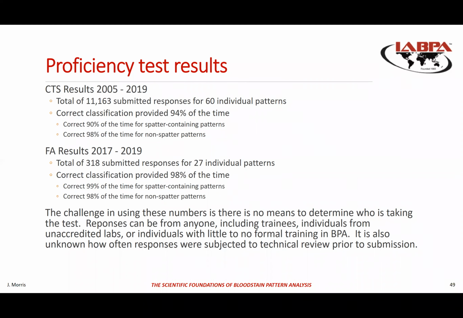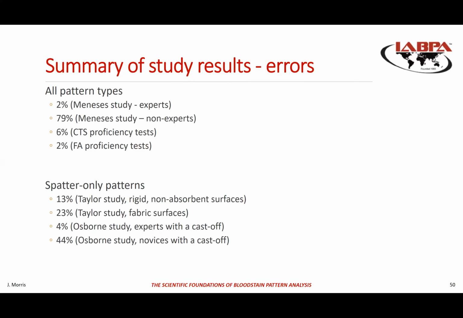So as we summarize those, what we can see for all pattern types is that in one study, it was 2% errors for experts, and for non-experts, that error percentage was 79. In proficiency tests, both of them are either 2 to 6%.